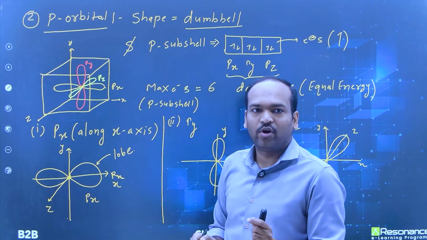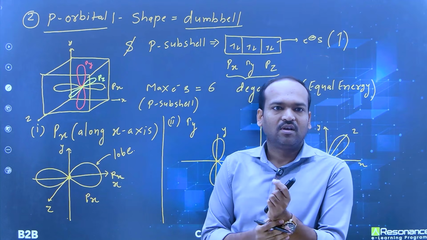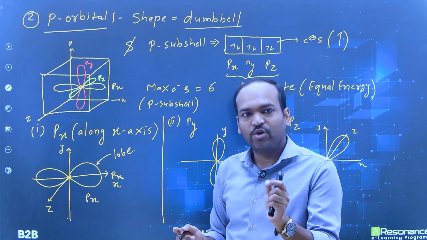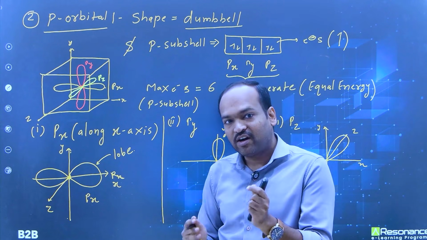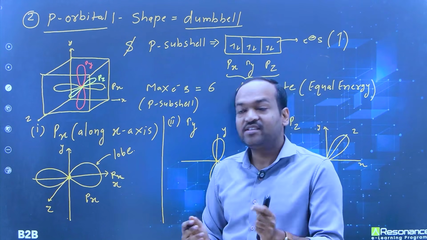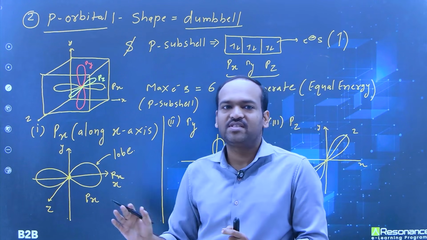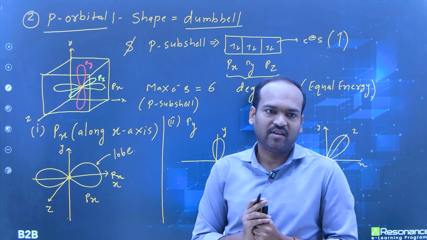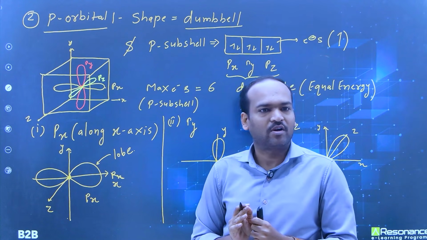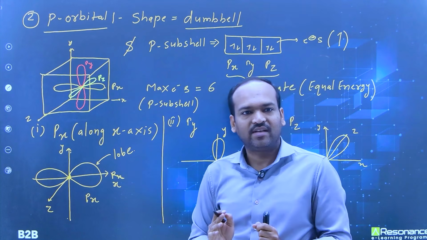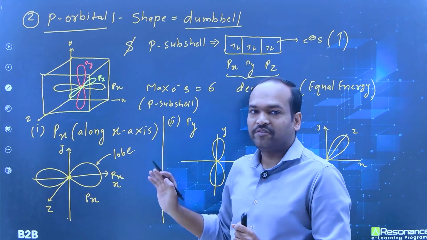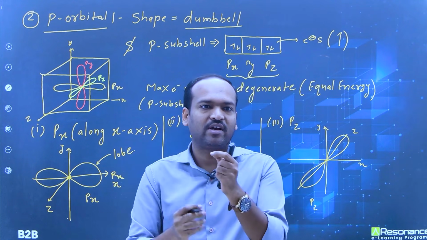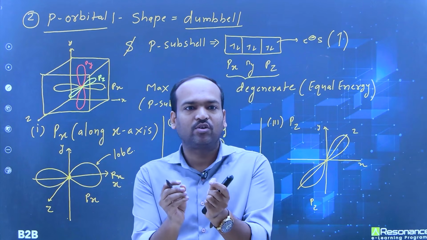I showed you a cube so that you can easily find the axes. Px, py, pz: are they perpendicular to each other or not? Yes, these orbitals are perpendicular to each other, and all together they create a three-dimensional structure around the nucleus, where we can find the electron with highest probability.